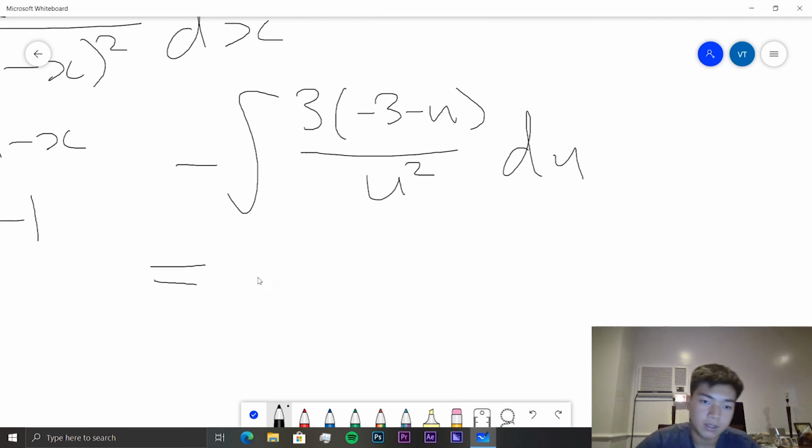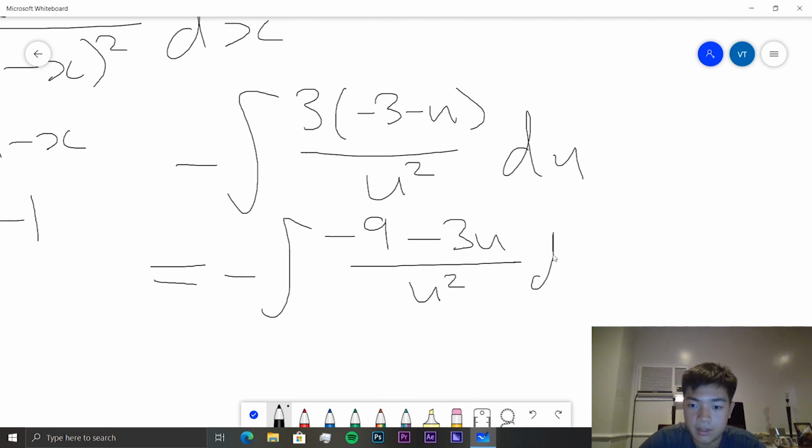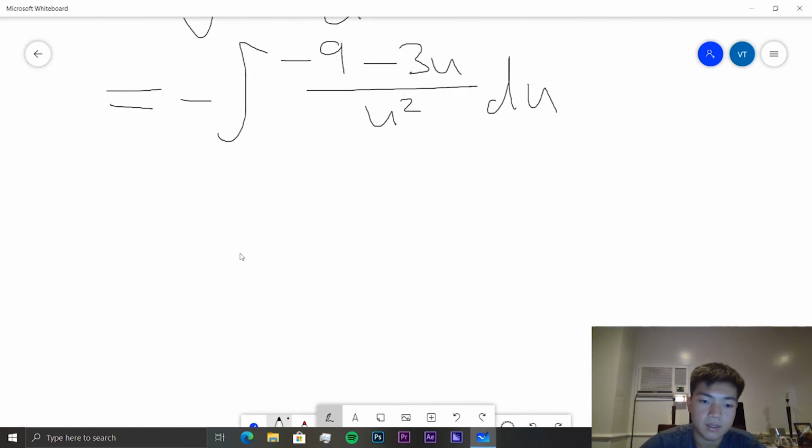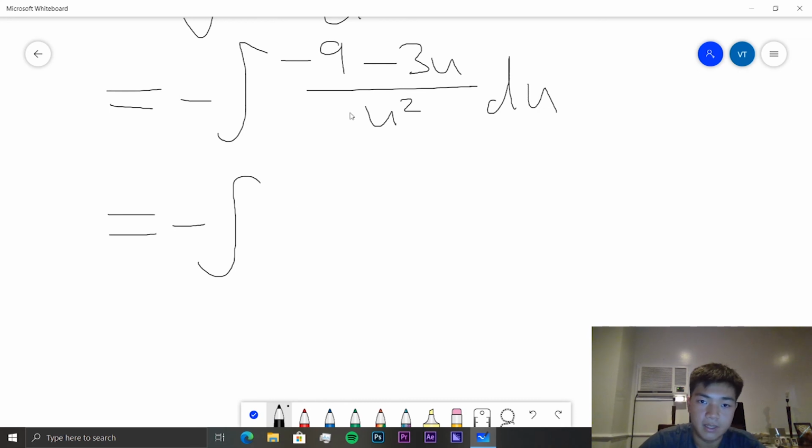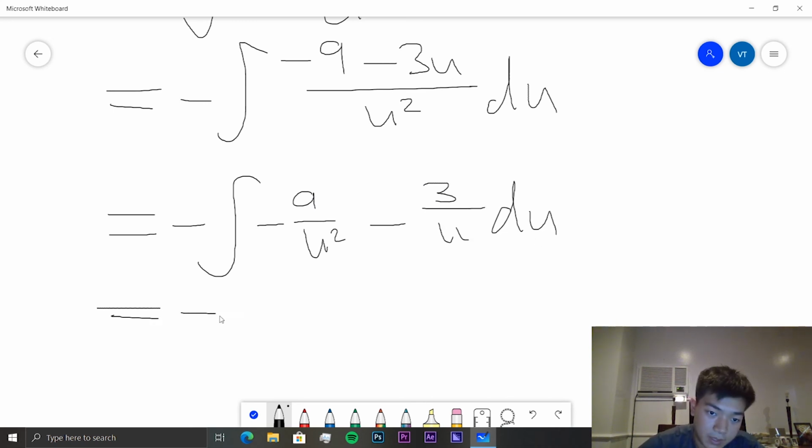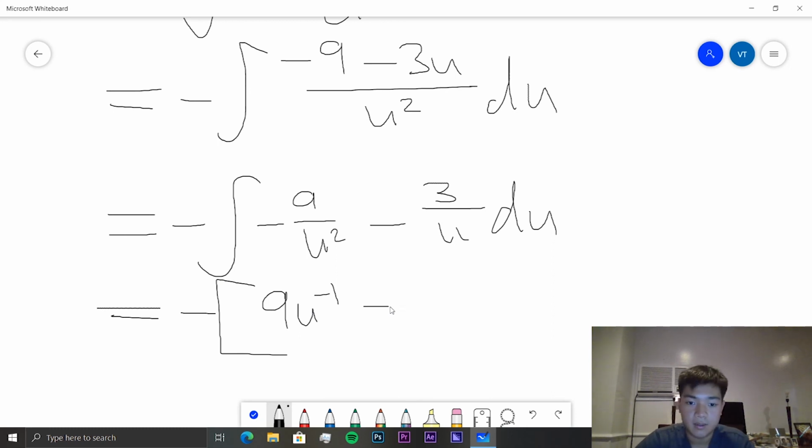Du, so this is equal to negative integral of (-9 minus 3u) all over u squared du, which is equal to negative integral of -9 over u squared minus 3 over u du. So this is equal to negative 9u to the -1 minus 3 ln u.